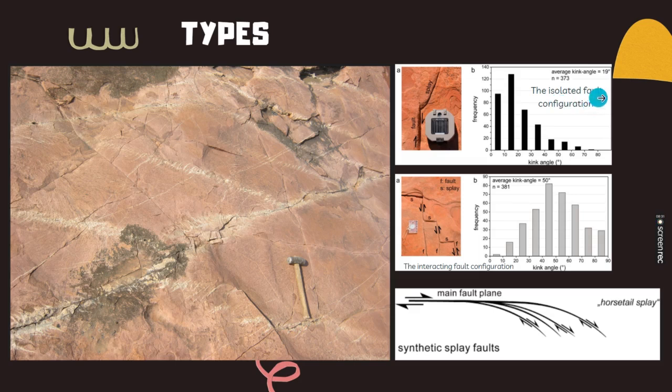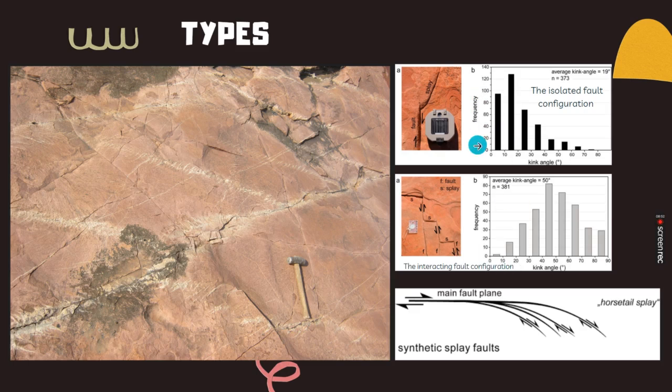So these are called the isolated fault configuration. Another, sometimes this splay can act as an interacting phenomenon, the interacting fault configuration, because this is one fault, this is another fault, and this splay at high angle acts as a connecting link.